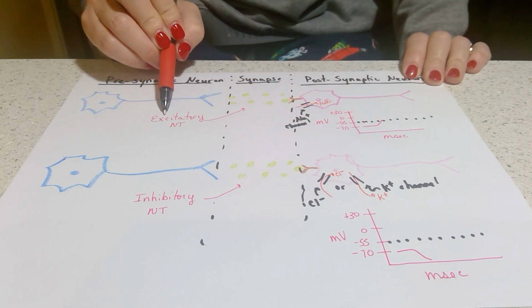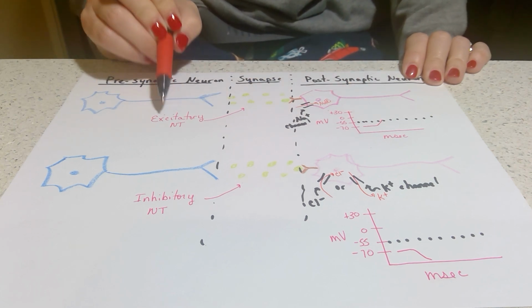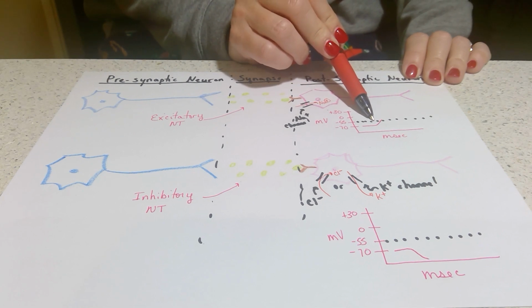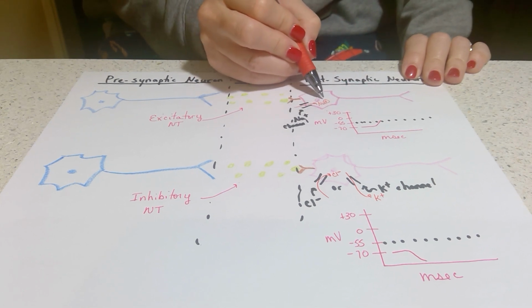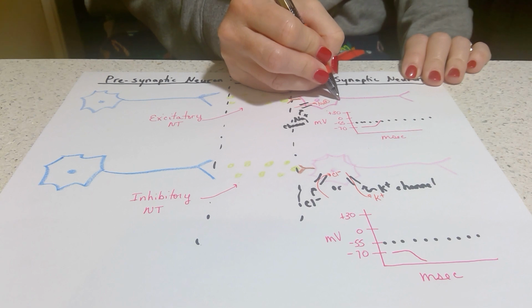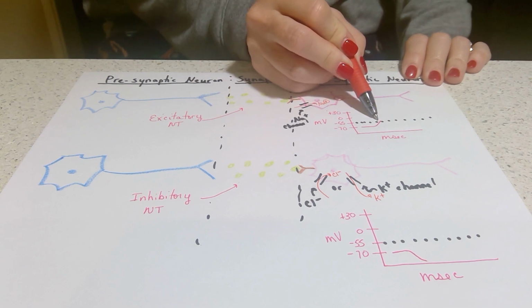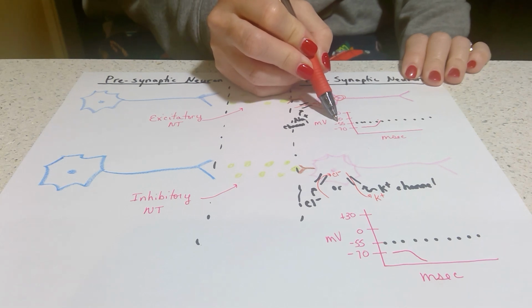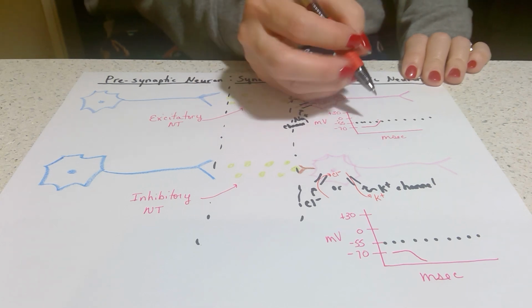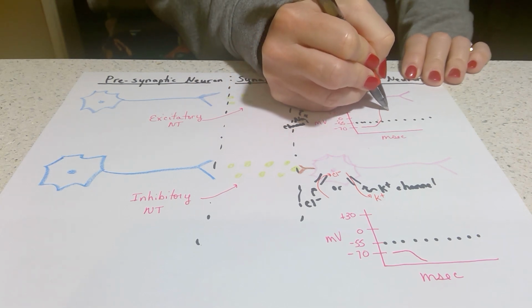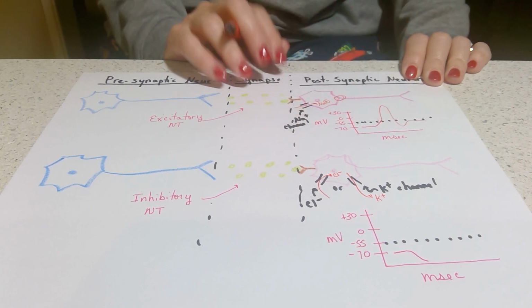So again, excitatory neurotransmitters cause a depolarization. If that depolarization, once it reaches the hillock, has met the threshold value, which is typically -55 millivolts, then an action potential will be generated, right?